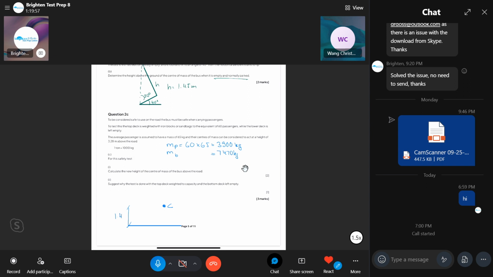That was 1.45 before, in the old center of gravity situation. Now the center of gravity is shifting upwards, right? Would you say so? Yeah.